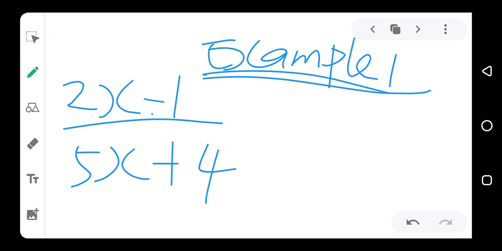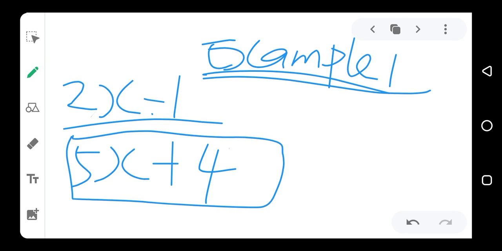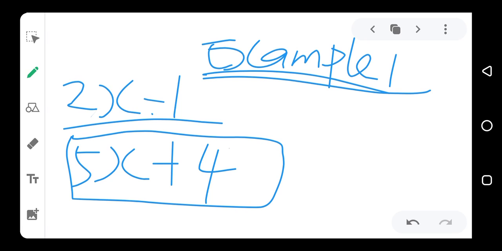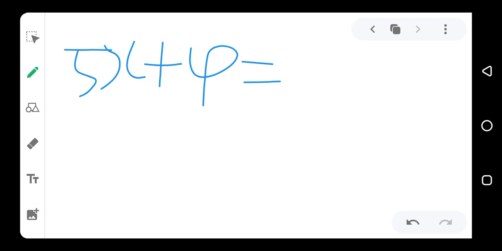Solution: we ask ourselves, what can we do to this fraction to make it undefined? What we can do to make it undefined is to equate the denominator to 0. So the fraction is undefined when 5x plus 4 is equal to 0.